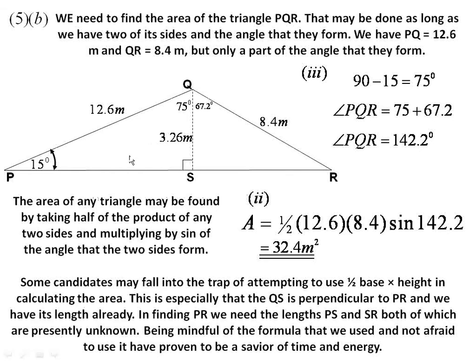But of course we will have to apply trigonometry to both of those, which will be very time consuming, at least a lot more time consuming than realizing that this is 15, this is 90, this has to be 75, and this entire angle is 142.2 degrees. Use the two sides that form an angle and the angle that the two sides form in order to determine the area of any triangle.